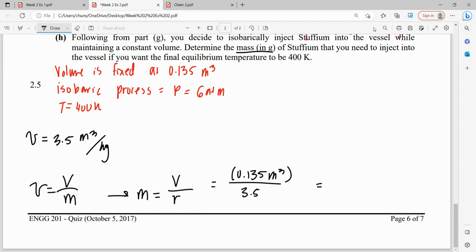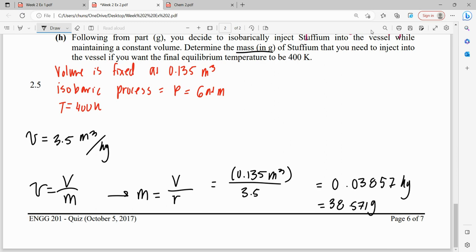And that's 0.135 divided by 3.5. And that's 0.03857 kilograms.